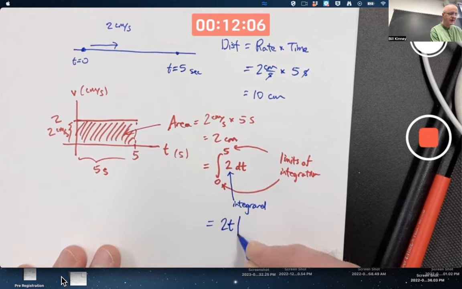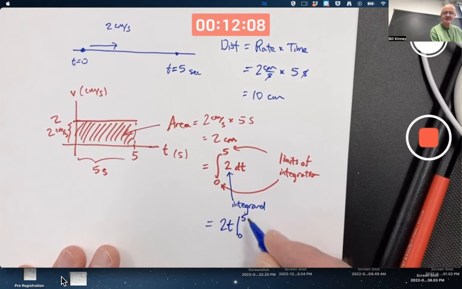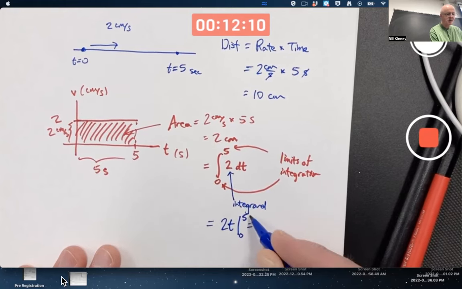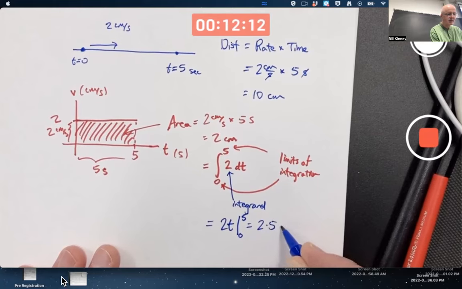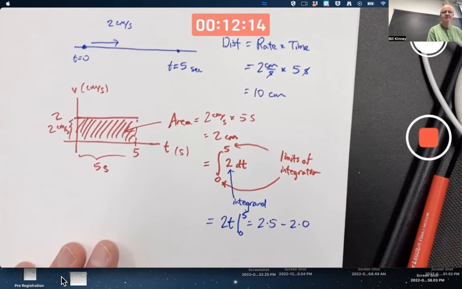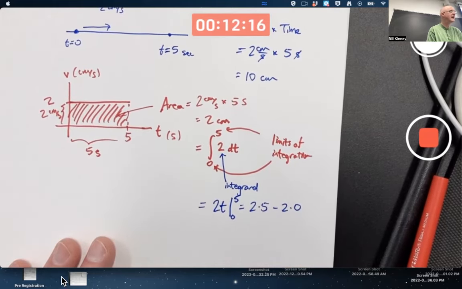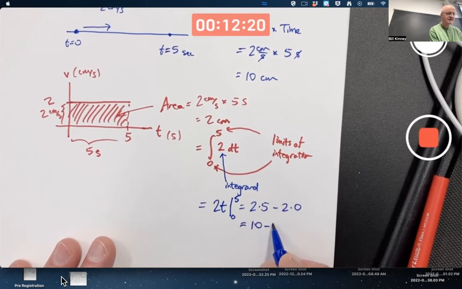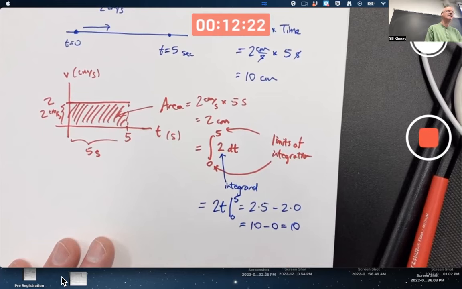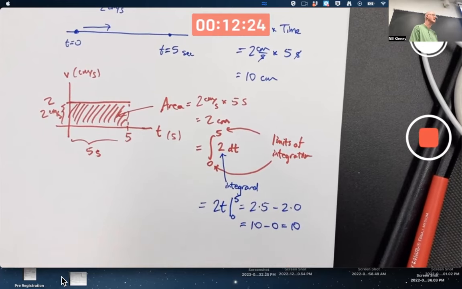You put the limits of integration over here, and what this means is plug in the top number and subtract what you get when you plug in the bottom number. That's standard notation. 10 minus 0 is 10. Oh, yeah, the answer is 10. Well, I already knew that, because the area is the area of a rectangle.